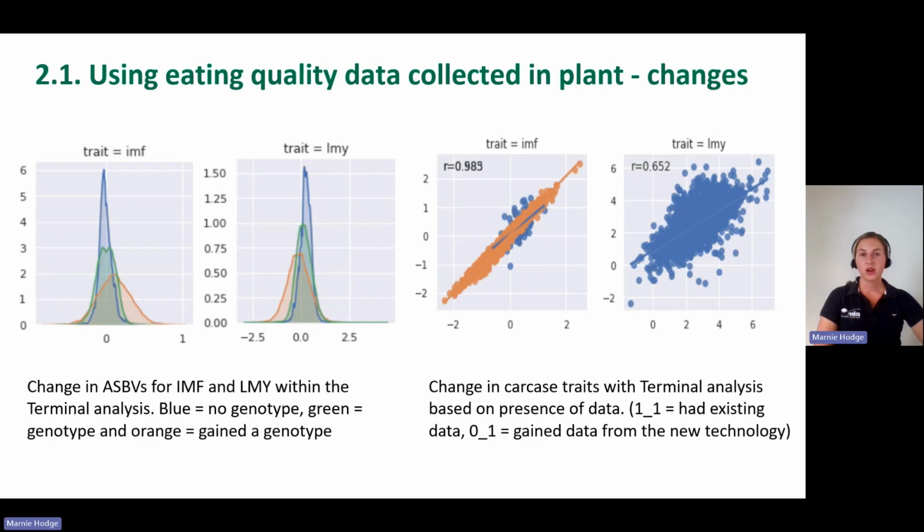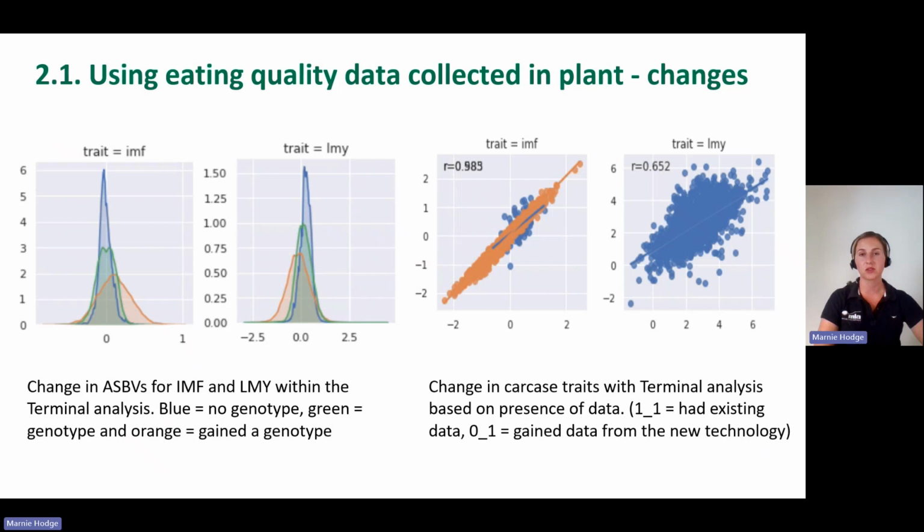So if we focus first on IMF, which is on the left, we see a really high genetic correlation of about 0.985 between where an animal has had existing data versus where there's been new data added into the analyses. And then on the right, there's the lean meat yield analyses plotted for terminals, which is, again, a high genetic correlation, but it's a little bit lower.